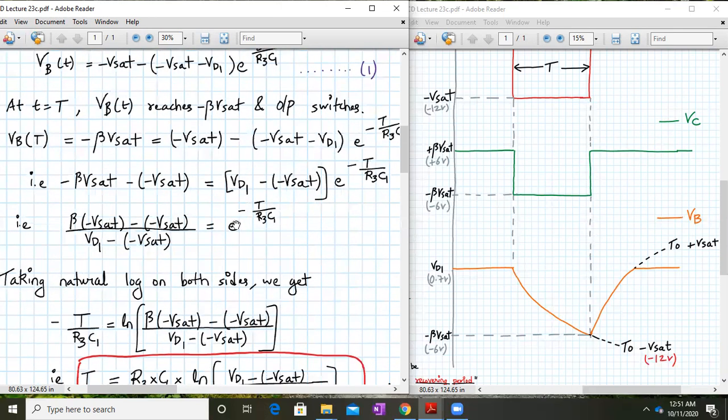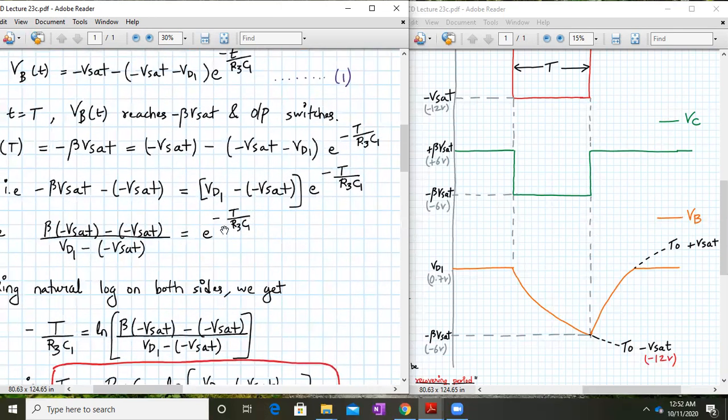Okay, so we arrange the terms over here. We take this term over here in the denominator. So we have beta of minus Vsat minus of minus Vsat divided by Vd1 minus of minus Vsat is equal to e raised to minus T upon R3 into C1.